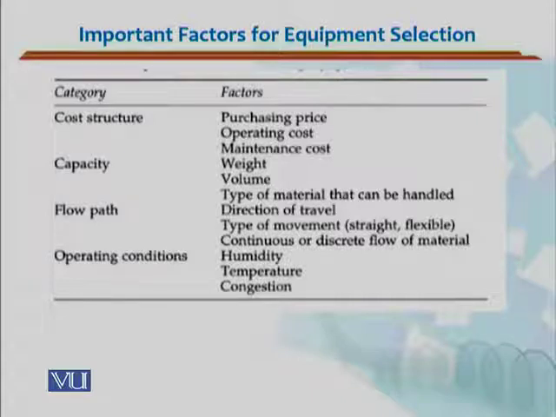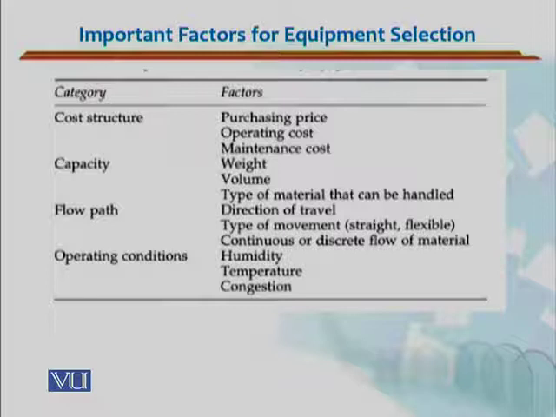We will be looking at the purchase price of that equipment. We will be looking at the operating cost as well. And of course, we will be looking at the maintenance cost. So when that equipment is being used, what would be the maintenance cost for, let's say, the next 5 years?